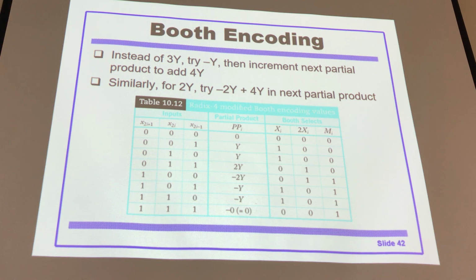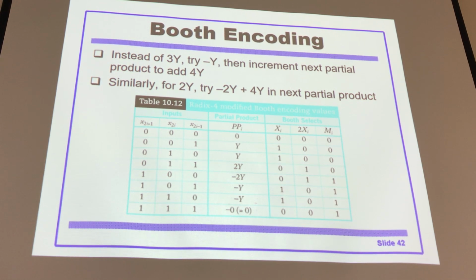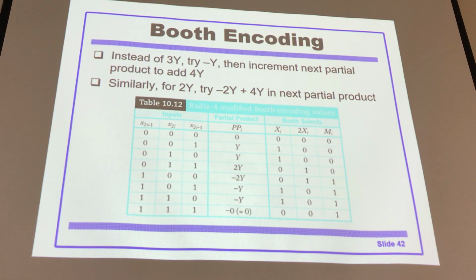Okay? Minus y is easier to get. One's complement or two's complement, you can get a negative number. Two's complement is not as easy as one's complement, but we are going to show you how we do the design. But use minus y instead of 3y. But you owe 4y, right? You owe 4y.